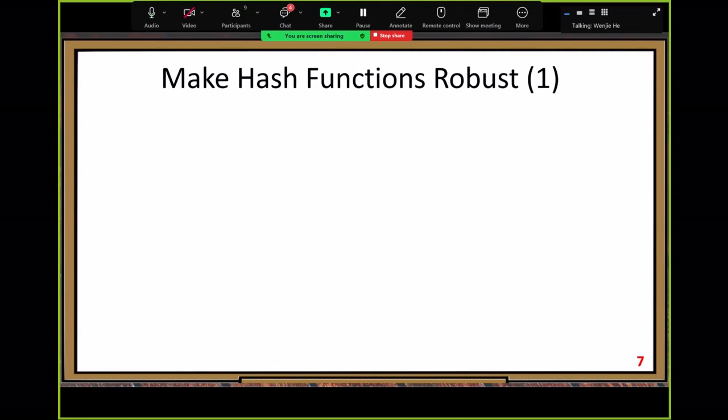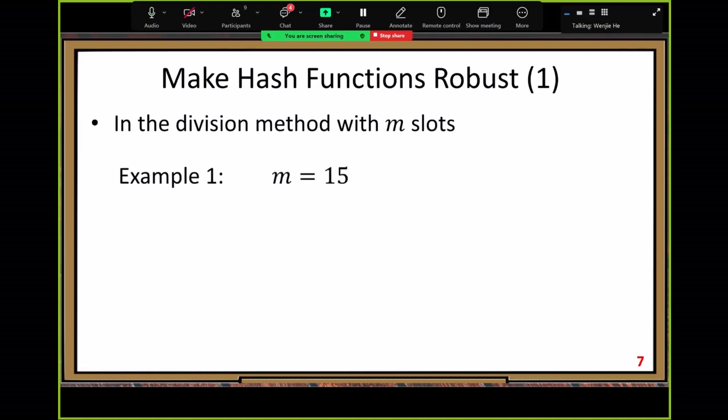Let me see how much time I have. Good, I still have at least 10 minutes. All right. In the division method with m slots, look at example 1. Suppose m equals 15, and our hash function is h of k equals k mod 15.